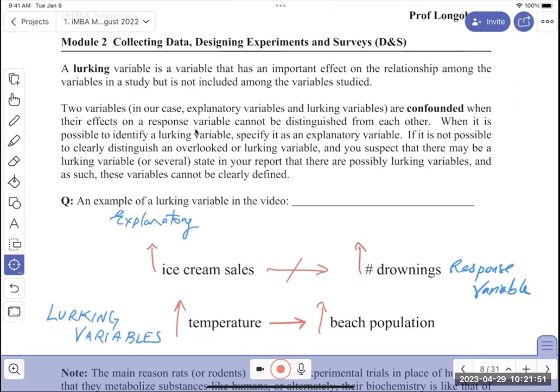So these are lurking until we name them, and then we actually label one of them the explanatory variable. So in a study, we probably say temperature predicts beach population, and both of these will then influence drownings. So these are lurking behind.